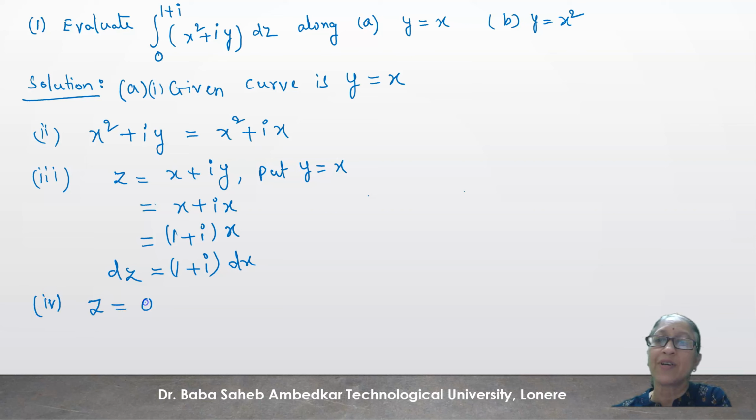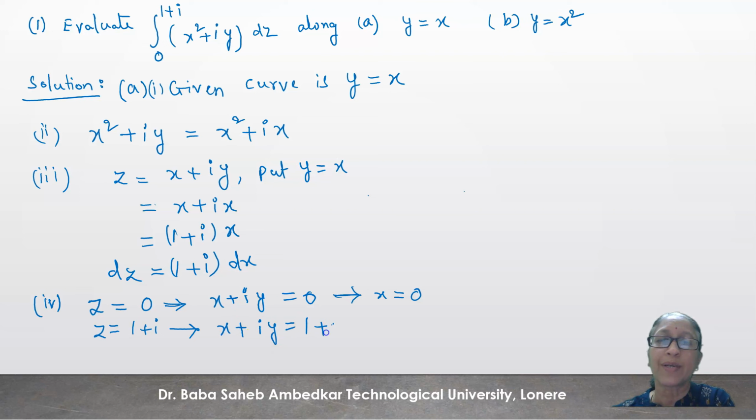So when z equal to 0 implies x plus iy equal to 0. What is z? z is nothing but x plus iy. If x plus iy is 0, that implies x equal to 0. Now, if z equal to 1 plus i, what does it mean? x plus iy equal to 1 plus i. That means if you compare these, x equal to 1.